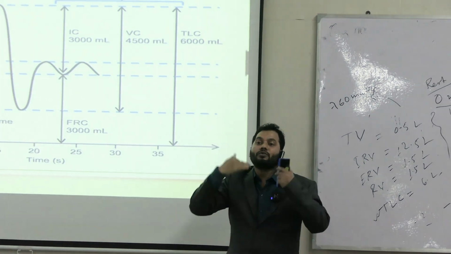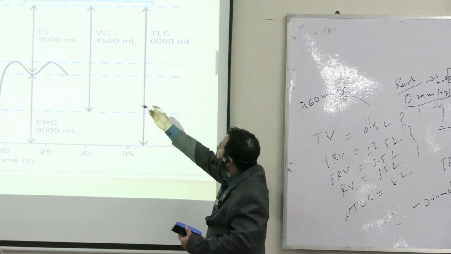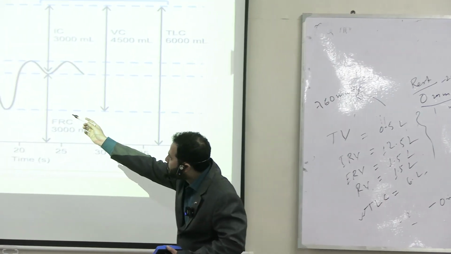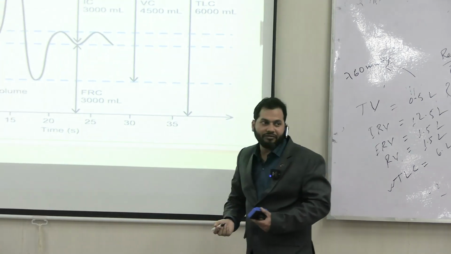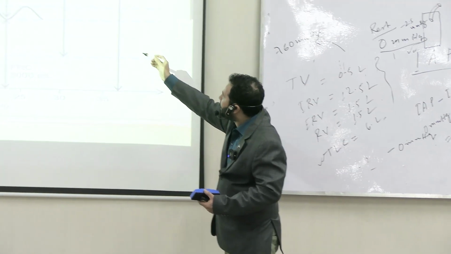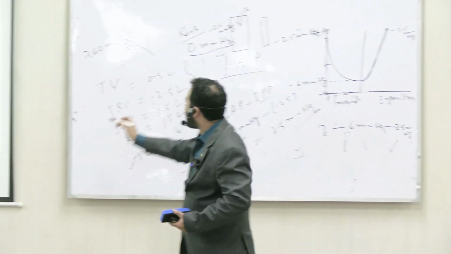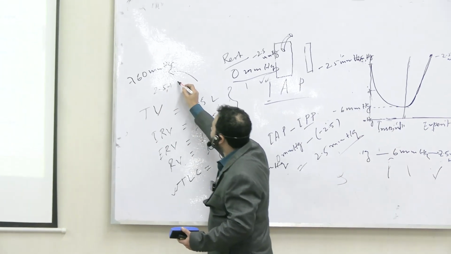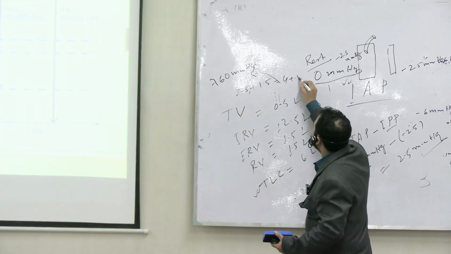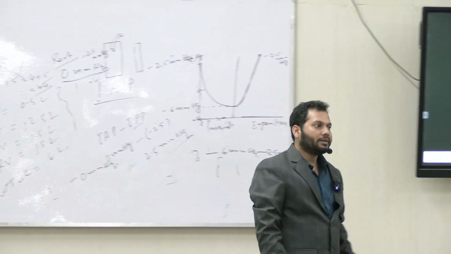But due to forceful inhalation and forceful exhalation, now the capacity changes. Here IRV was 2.5 and ERV was 1.5. Both the IRV and ERV along with the normal tidal volume make the vital capacity, right? So IRV is 2.5, ERV is 1.5, and tidal volume is 0.5, so around 4.5 is the vital capacity, right?